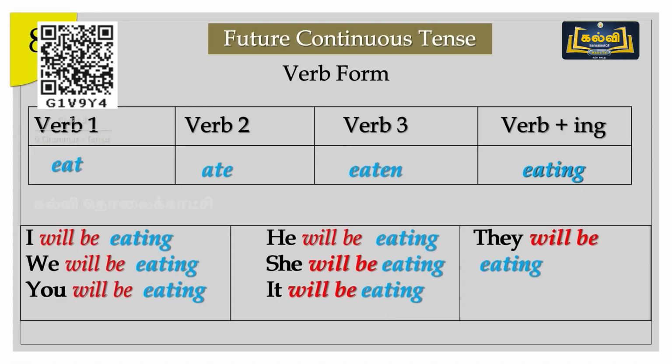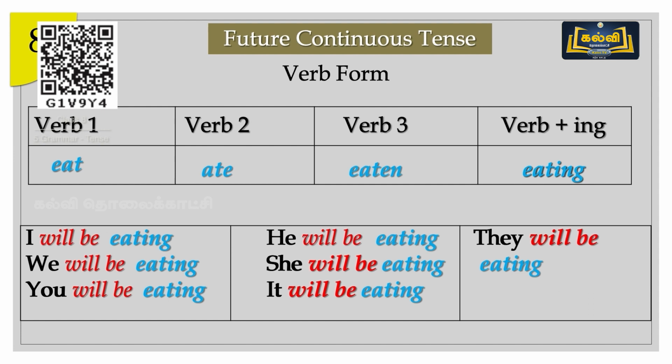Before exploring the usages, let us look at the verb part. Verb 1, verb 2, verb 3, and verb plus ing. Let us take, for example, eat, ate, eaten, eating. I, we, you, he, she, it, and they. These are the pronouns. And what is the auxiliary verb these pronouns take in future continuous tense?